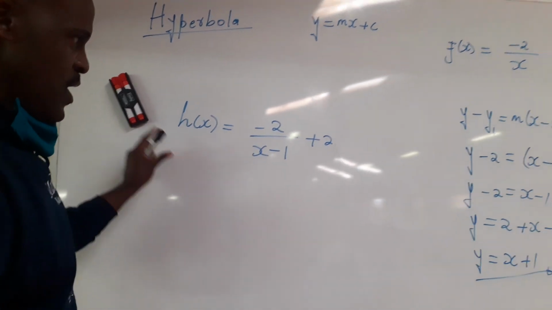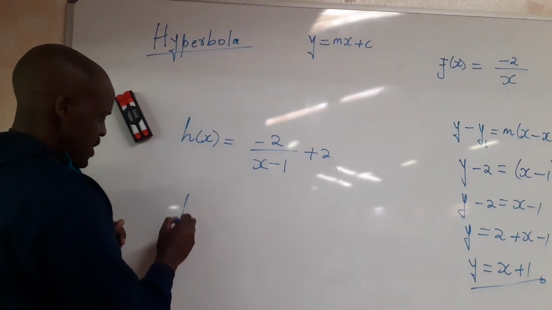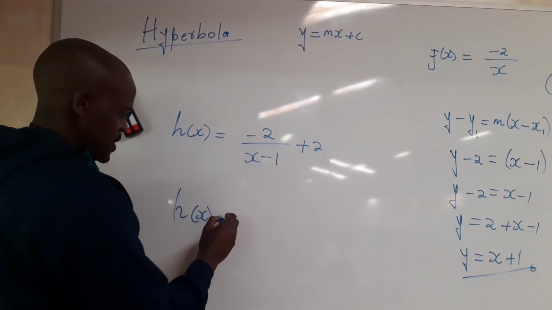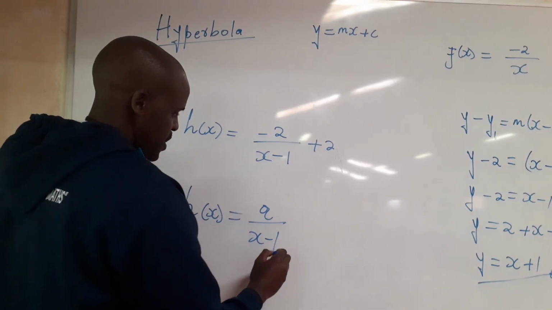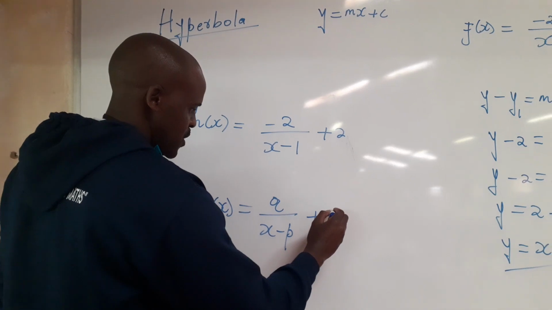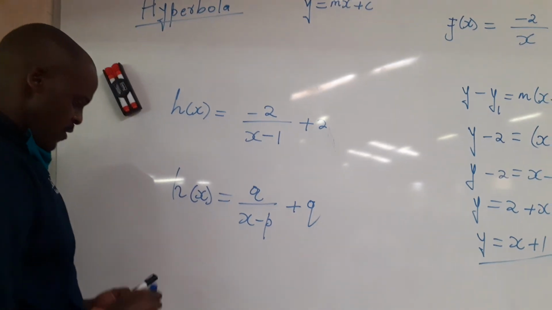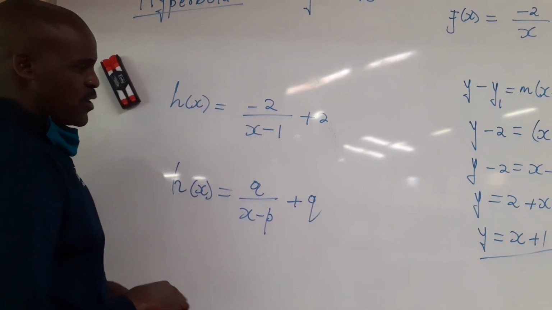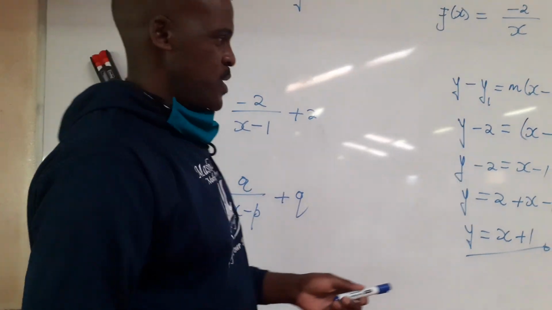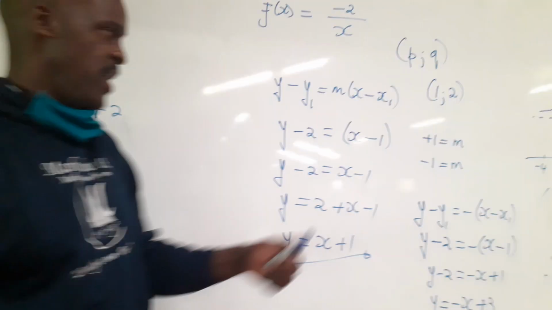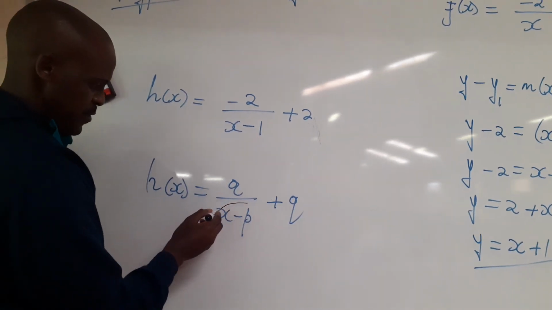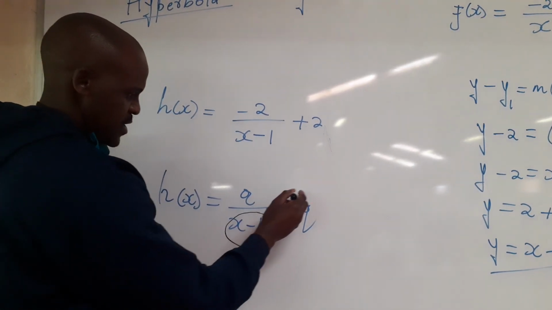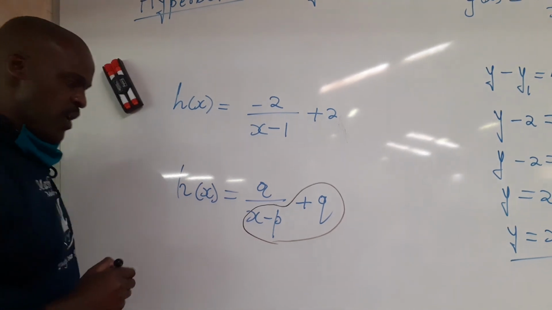Right. Let's write this just as a standard form, which is a over x minus p plus q. For the equation for both positive and negative gradient of the axis of symmetry, you just take the denominator like that. That's what we are going to use.